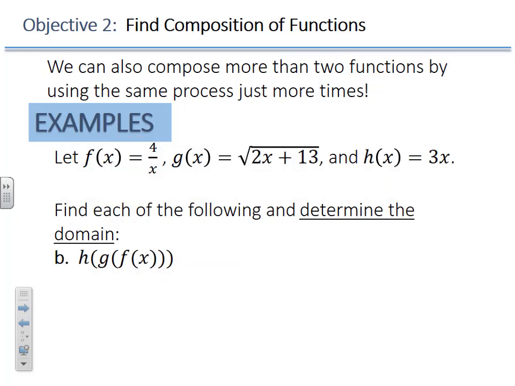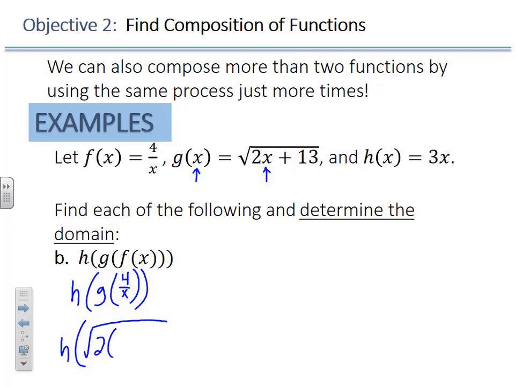So h of g of f of x, we now know, is h of g of 4 over x. What does the g function have us doing? Our g function has us taking the square root of our input value times 2, and then we add 13.